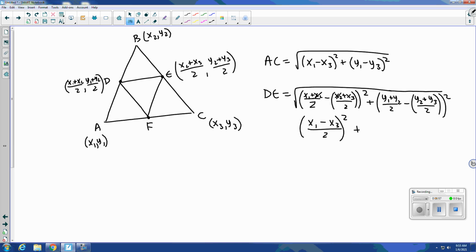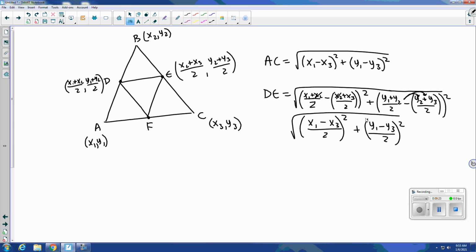Plus, when this negative distributes in here, you'll notice that the y2's will cancel. So we'll have, and we're going to combine them because they have common denominators, y1 minus y3 because the negative distributes, over 2 squared, square root of that.